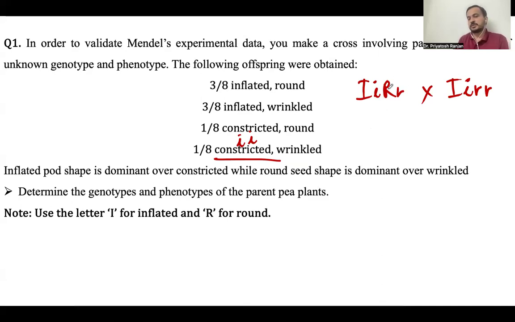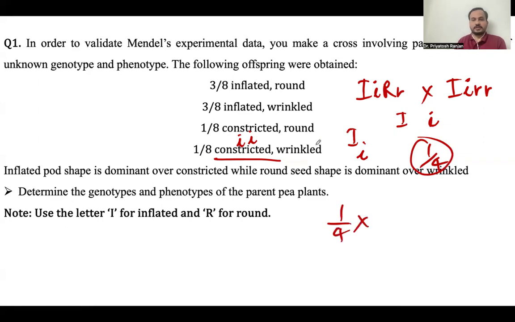If I'm making a cross between capital I, small i, and capital I, small i, the probability of getting plants with a constricted pod shape is 1/4. The reason being Mendel's postulates, the law of segregation and the law of independent assortment. So 1/4 constricted. Fine.